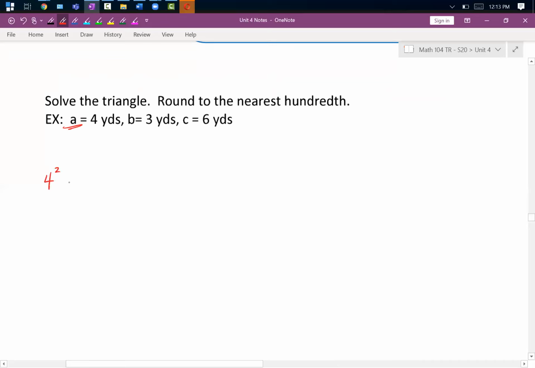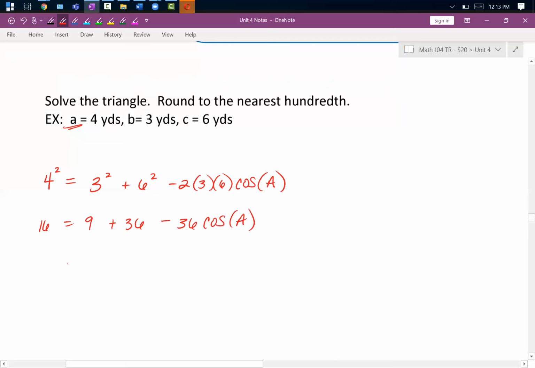It's going to be 4 squared equals 3 squared plus 6 squared minus 2 times 3 times 6 times cosine of A. And we need to solve for A. I think I'll multiply out all the numbers we know. So this is 16, 9, 36 minus 36 cosine of A. 16 equals 45 minus 36 cosine of A.